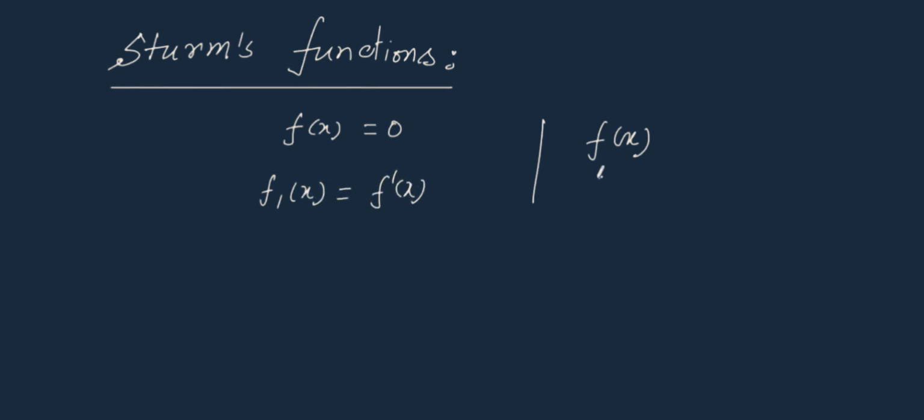Let's learn how to calculate Sturm's functions. Suppose f(x) equals 0 is a given equation. So the first Sturm's function is f(x). Now f1(x) is nothing but the first derivative of f(x), and f1(x) is the second Sturm's function.